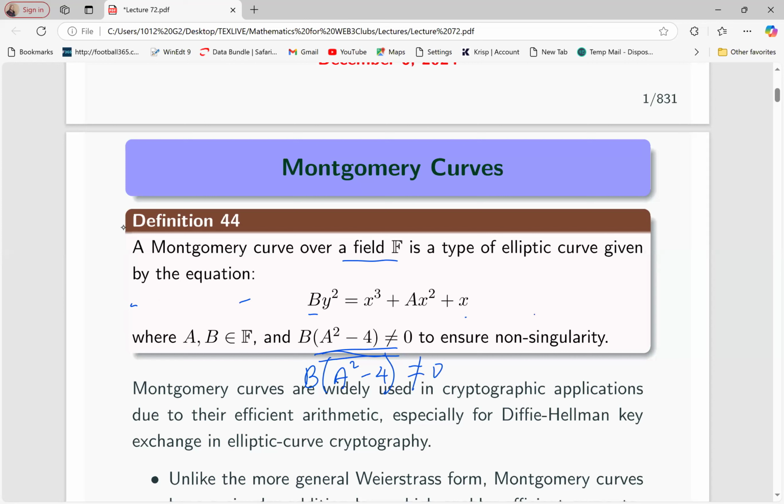If it's non-singular, then it's an elliptic curve. But if it is singular, then it's just a cubic curve, but not elliptic. So for it to be an elliptic curve, this condition must be met.